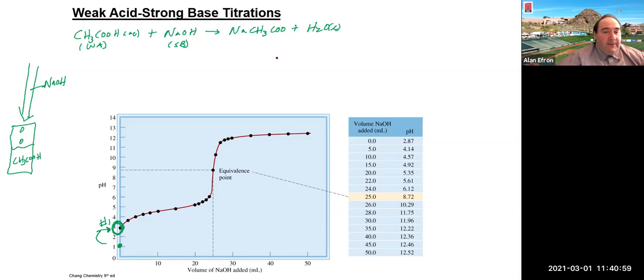As we talked about the other day, as we're getting near the equivalence point, we're almost at that tipping point where we really don't have a lot of acid left to handle all that base that's coming in. So it doesn't take a lot of volume to change the pH a lot. That's why we see that vertical rise. When you see that vertical rise on a titration curve, it means we are changing the pH a lot, but not really adding a lot of volume to do so.